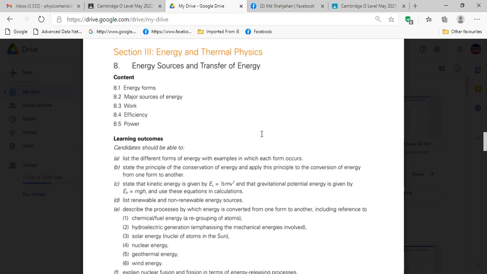That's why it is called renewable energy. What should be the definition of renewable energy? The energy which we can use again and again. That is called renewable energy.